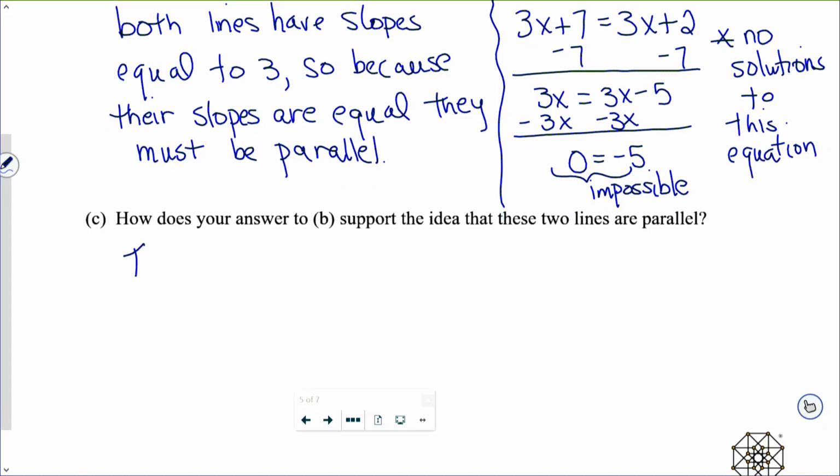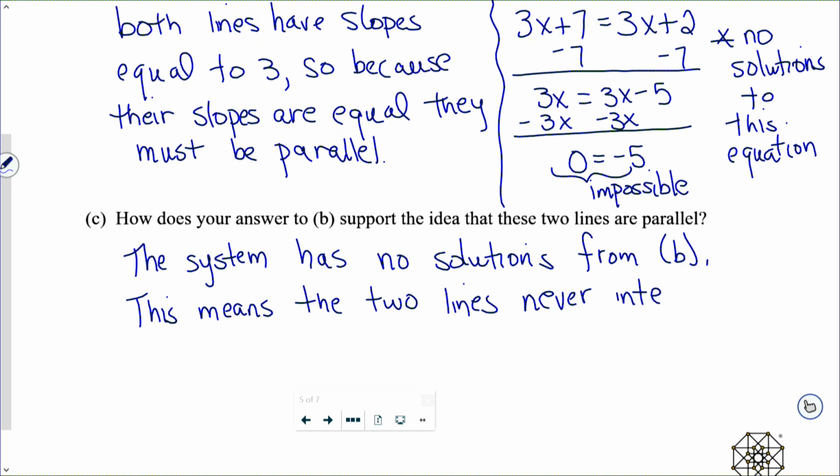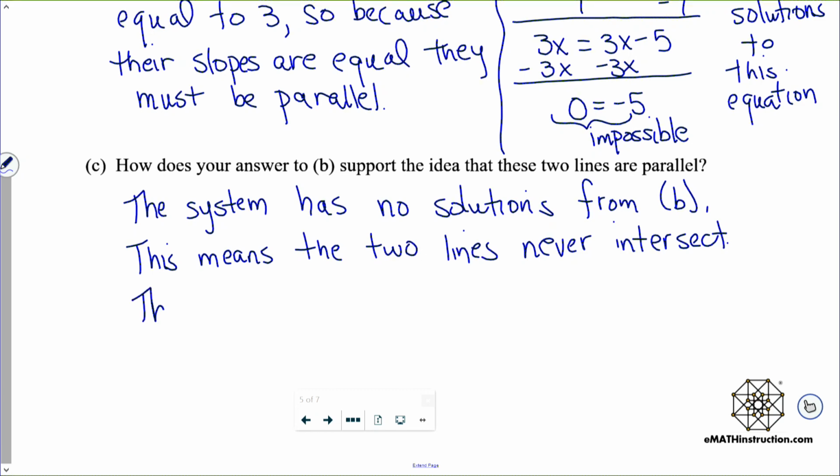So the system has no solutions from B. This means the two lines never intersect. A little bit more. This means they must be parallel.